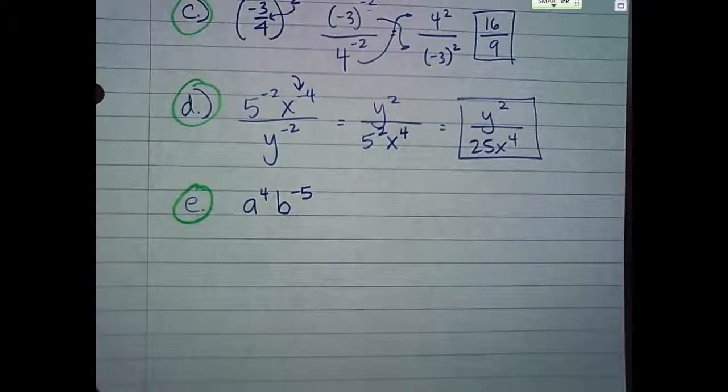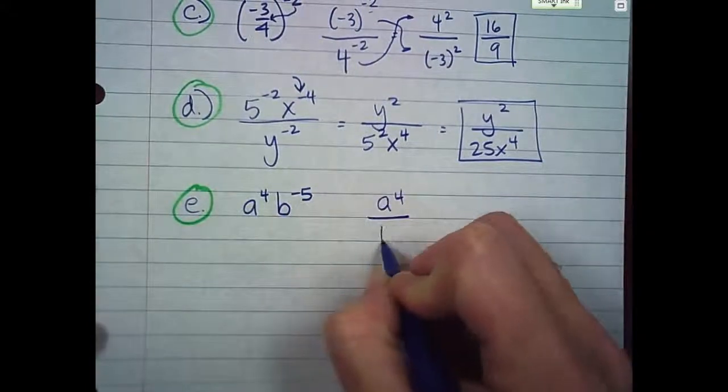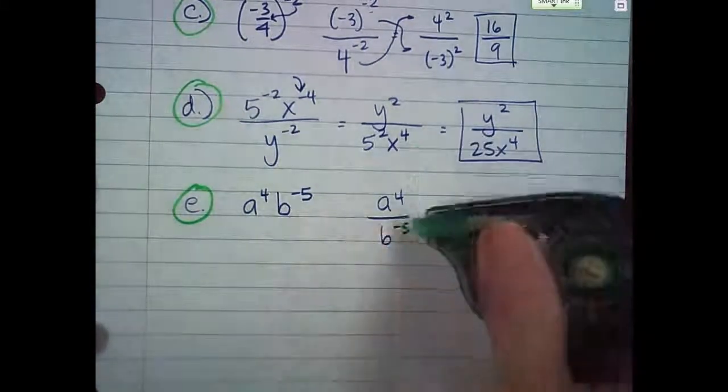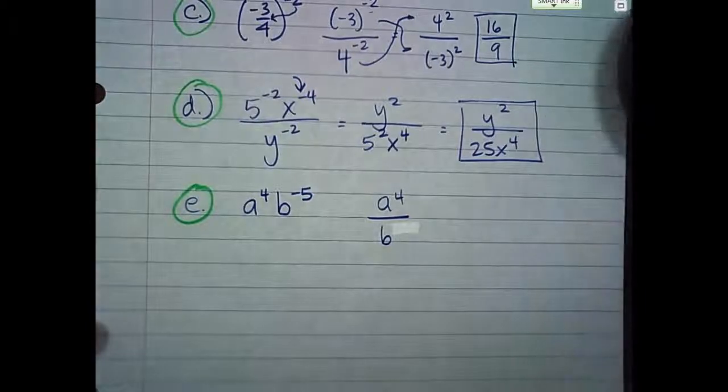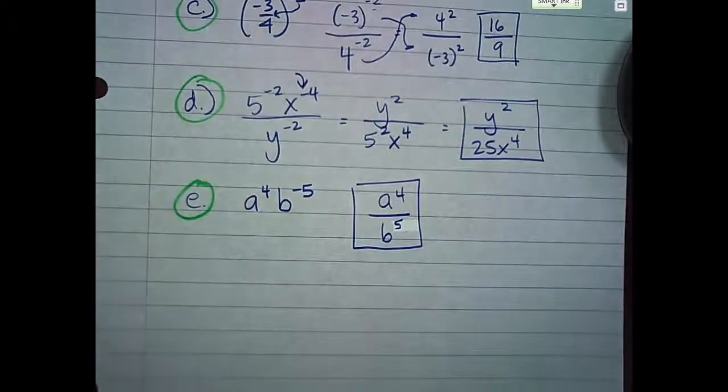Okay, for this one, a to the fourth is going to stay in the numerator. The negative tells me the b is going in the denominator. Got it?